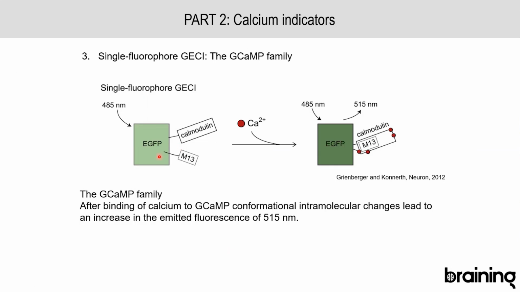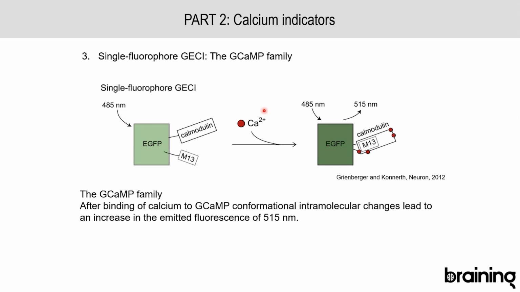Okay. And then we have the single fluorophore GECIs, which are also known as the GCaMP family. In this case, we just have a fluorescent protein, which is the GFP, and the GFP binds the calmodulin and the M13. This protein is stimulated with a wavelength of 485 nanometers.